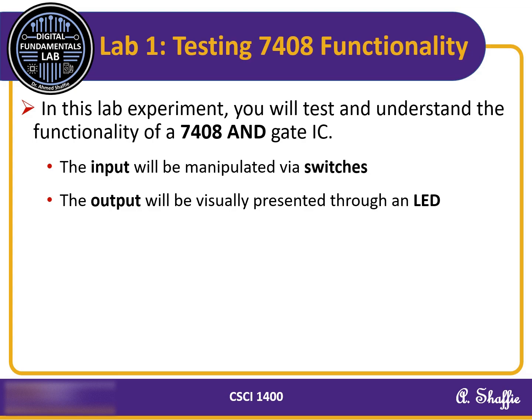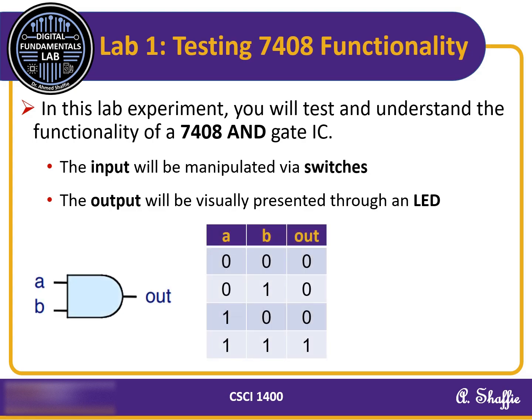You will use 2 switches to represent the 2 inputs of the AND gate and an LED to visually represent the output. This is the theoretical truth table that shows us how an AND gate works. If both inputs are on or 1, I expect the LED to light up.